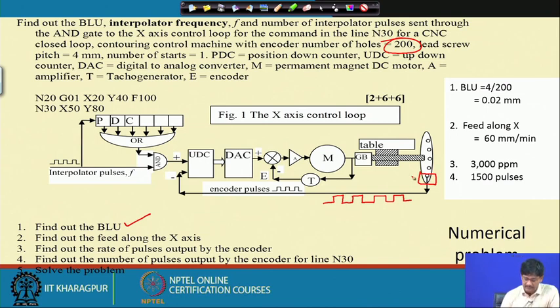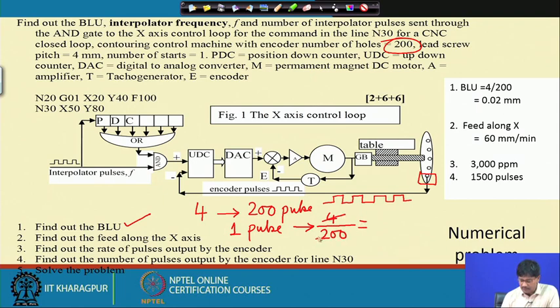So we understand that the table moves by 4 millimeters. 4 millimeters of table movement is obtained for 200 encoder pulses. Okay. Therefore, one pulse of the encoder will be counting this much amount of movement, and how much is this? 4 cancels with 2, so that a 2 remains upstairs, 2 by 100, and therefore this must be equal to 0.02.